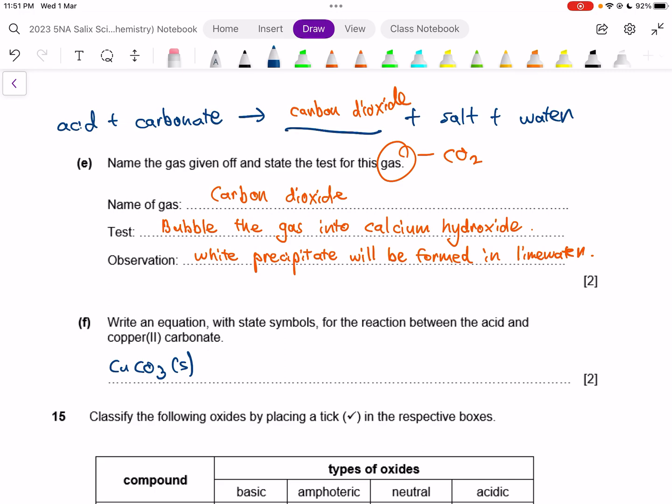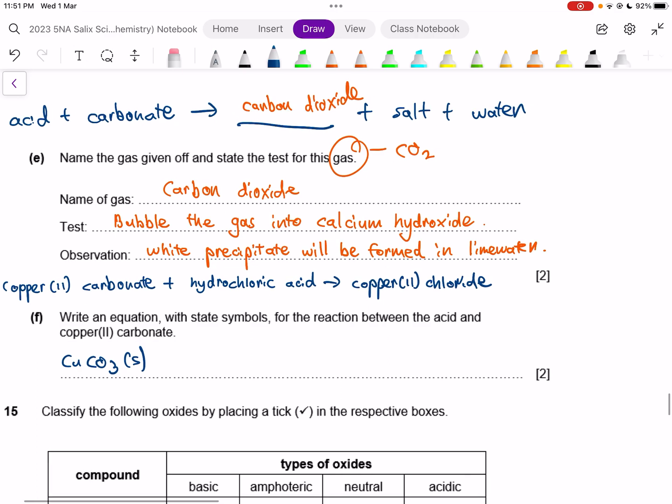So you have copper 2 carbonate plus the acid, which is hydrochloric acid. It gives you copper 2 chloride plus carbon dioxide plus water.